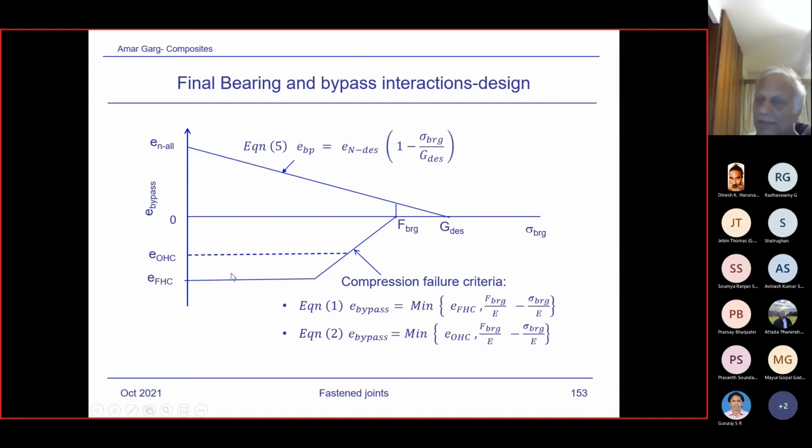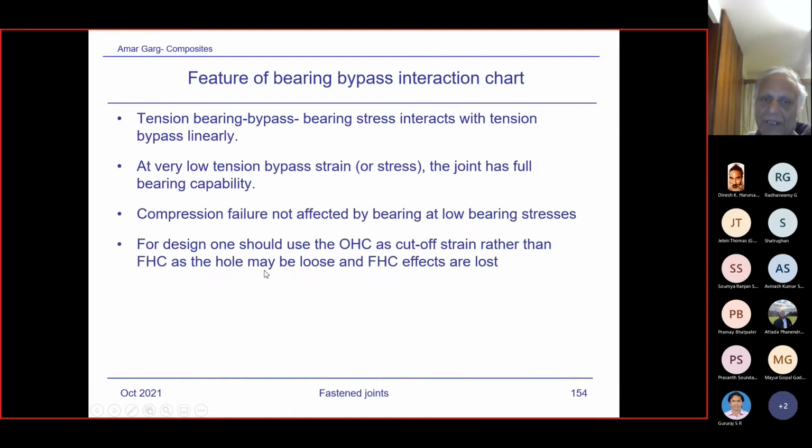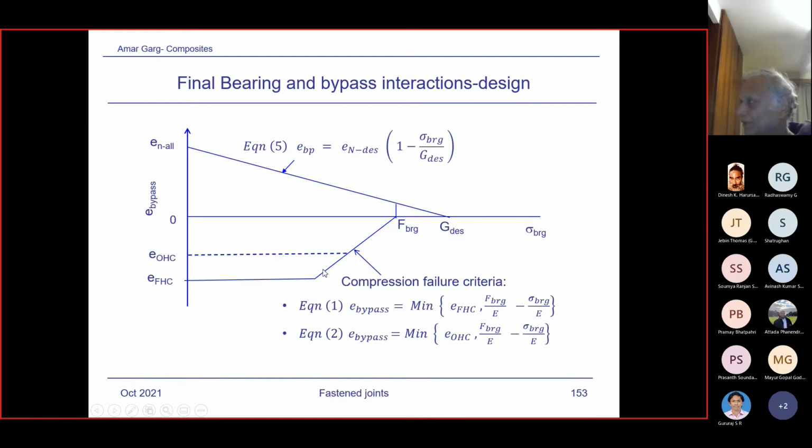So if there are no questions now, I can leave this interaction diagram and move further. Any question anybody has on interaction diagram? I mean, you can read this later on and of course, just digest the method.